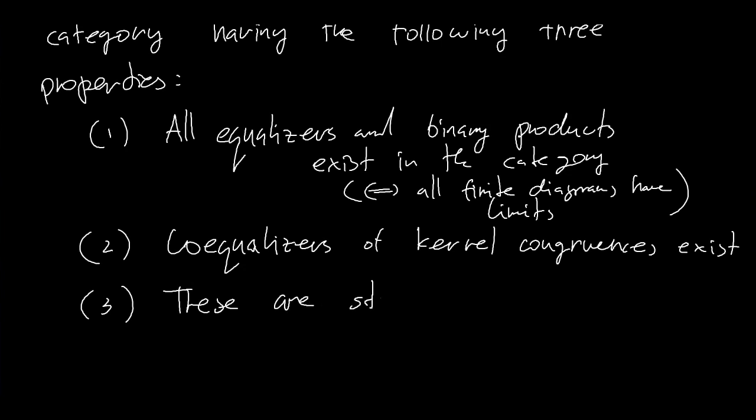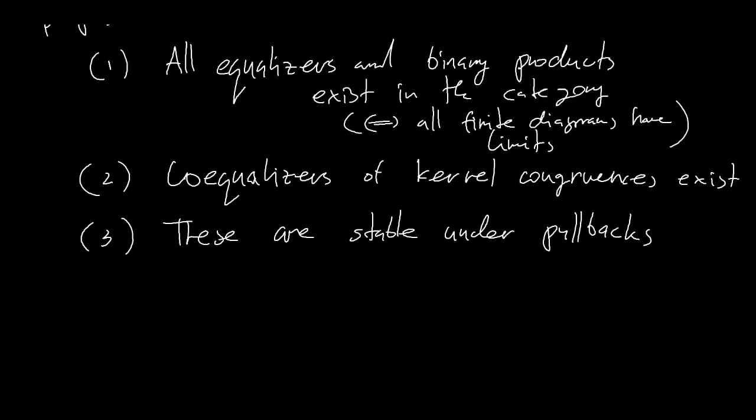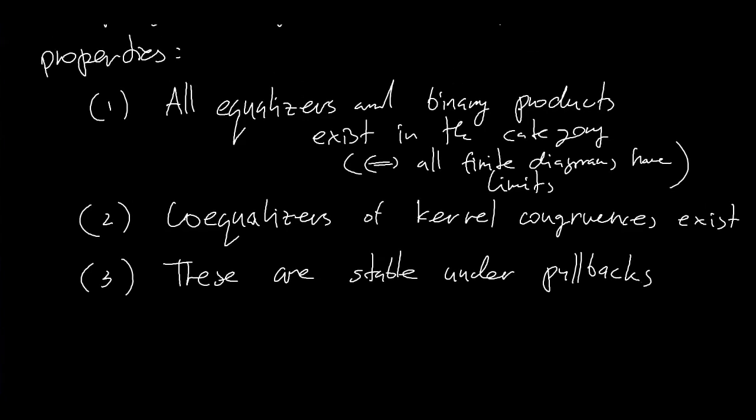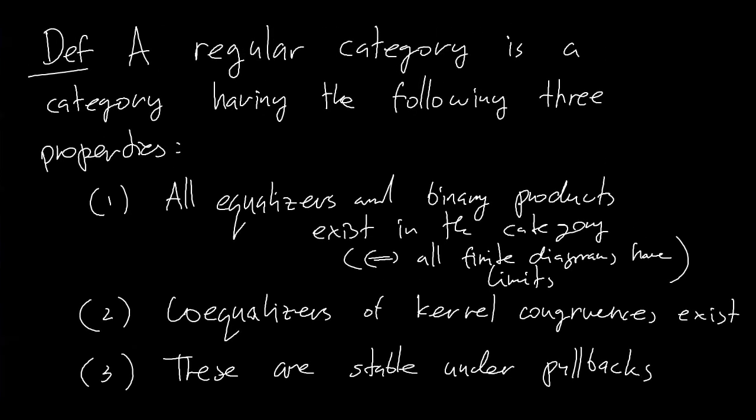So the theorem that we proved, is the converse not true? No, it's not true. An example is the category of topological spaces. By the way, coequalizers in general are called regular epimorphisms, which kind of links with the definition of regular category.